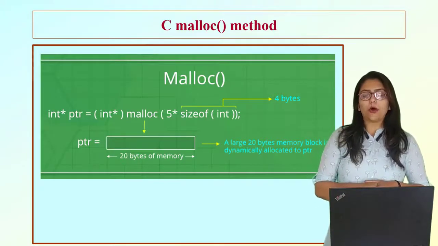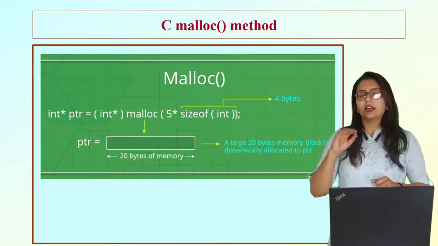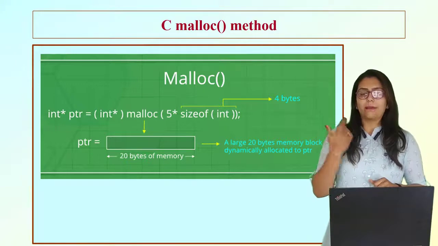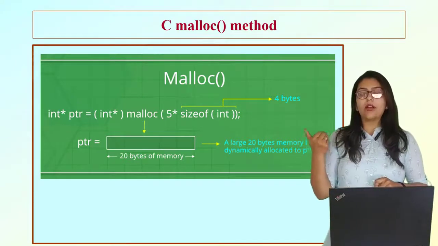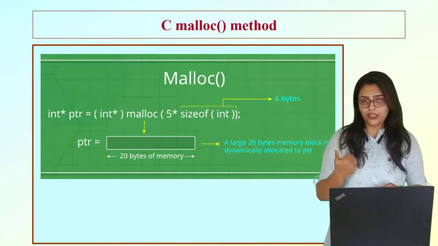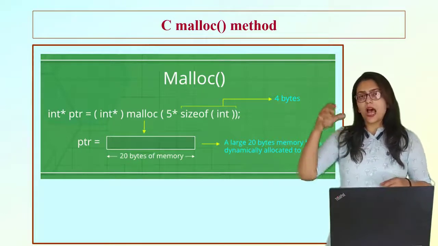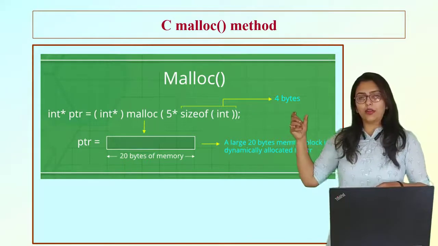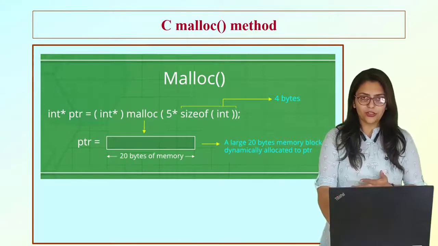Here integer pointer ptr is assigned an extra block using malloc, which will contain 5 elements of type integer. So 20 bytes of memory will be assigned, and this pointer will point to that extra block. You can just imagine this graphically.